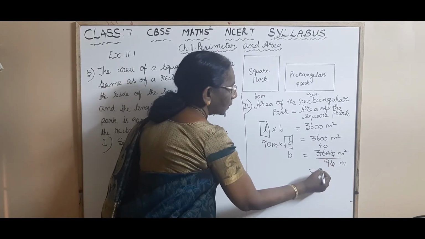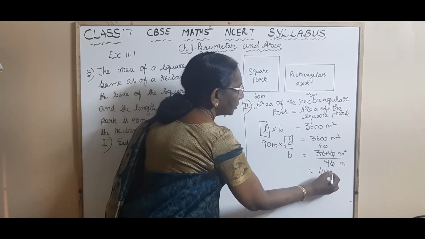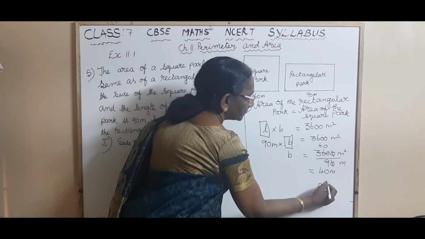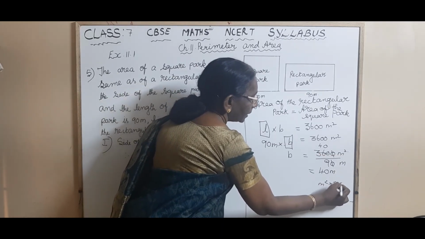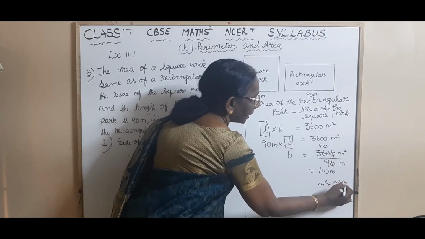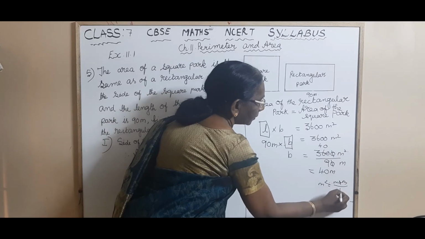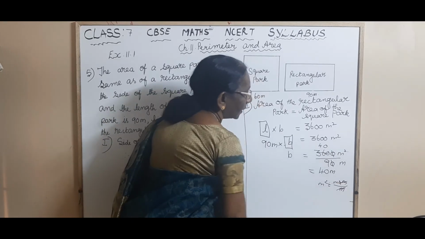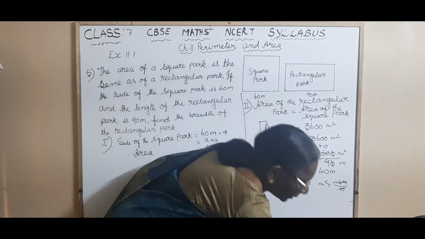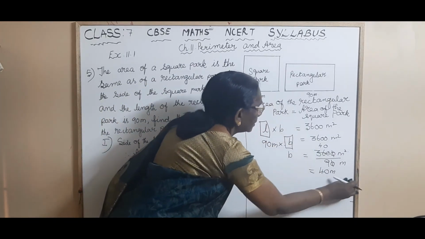So 40 meter. How are you getting meter? Meter square means meter into meter. When you divide meter into meter by meter, one meter will get cancelled. You will have only meter. Is it clear, children?